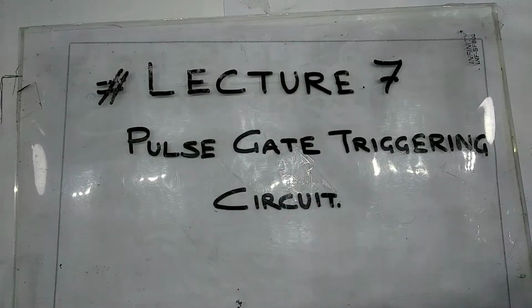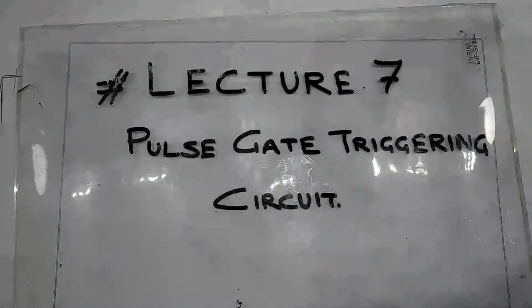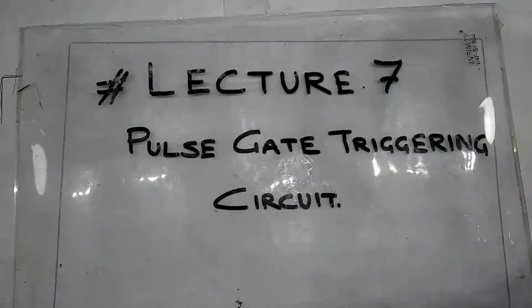The drawback of continuous gate triggering is that after the device is triggered, the gate current only leads to the dissipation of power in the gate circuit, since the gate was not isolated from the anode or cathode.